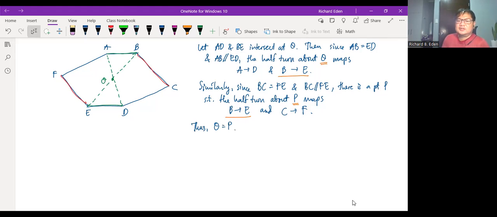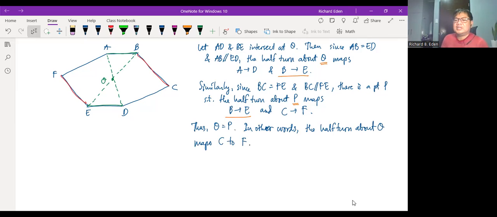In other words, the half turn about O maps C to F. Kasi nangyari, di ba?